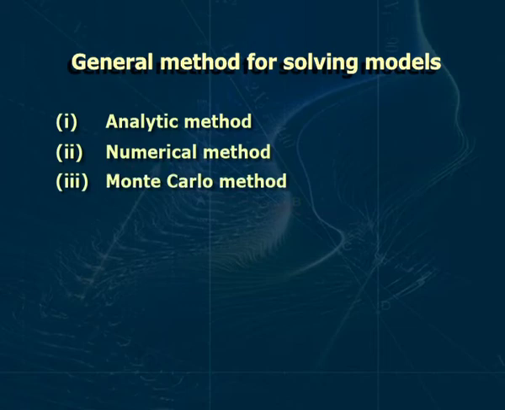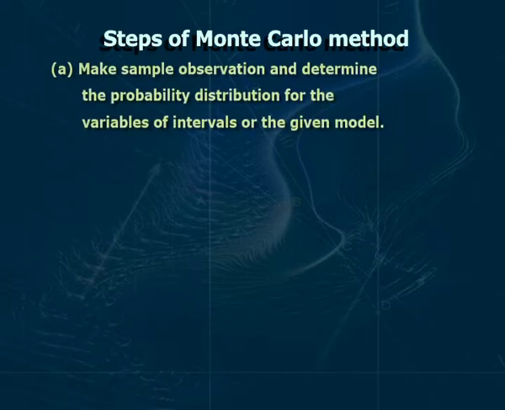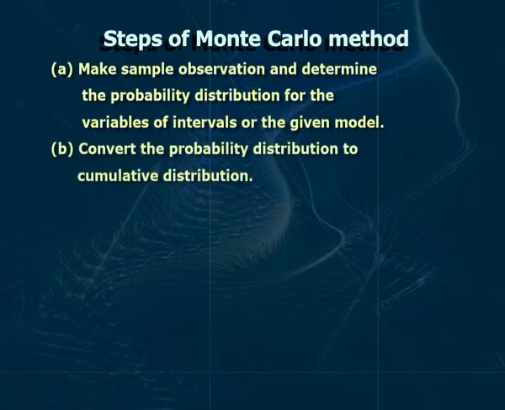Number 3. Monte Carlo method. This method involves the use of probability and the concept of sampling theory. The steps associated with this method are as follows. A. Make sample observations and determine the probability distribution for the variables of interest in the given model. B. Convert the probability distribution to a cumulative distribution.